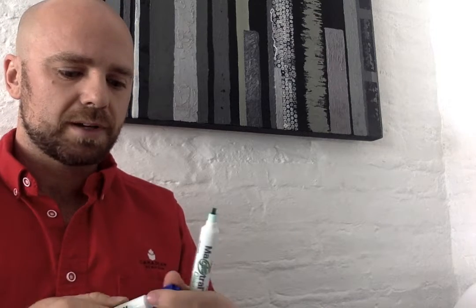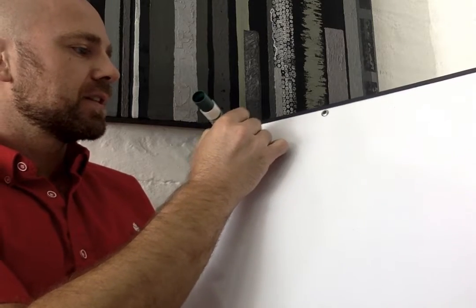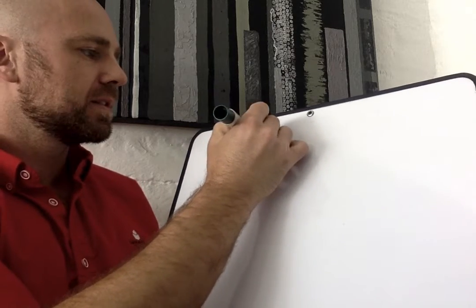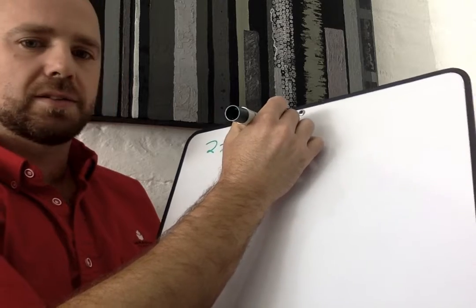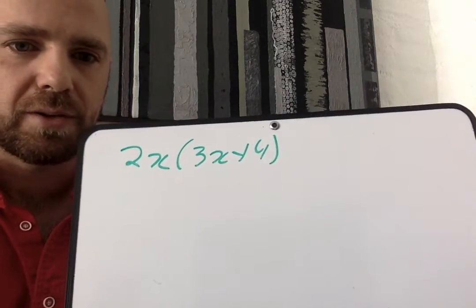Let's do this first one here. If we've got something like 2x times 3x plus 4, this is another area question that we can talk about.